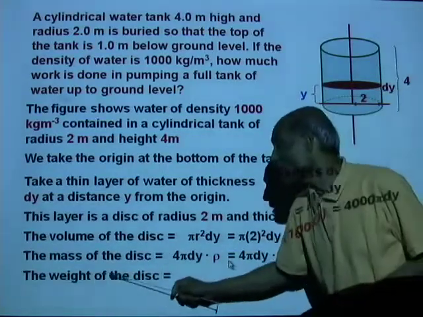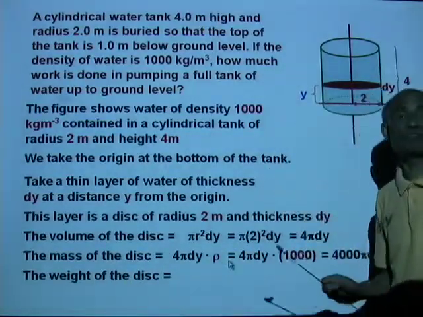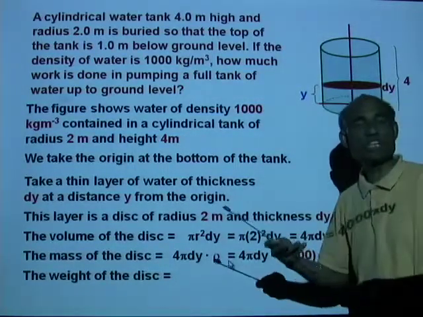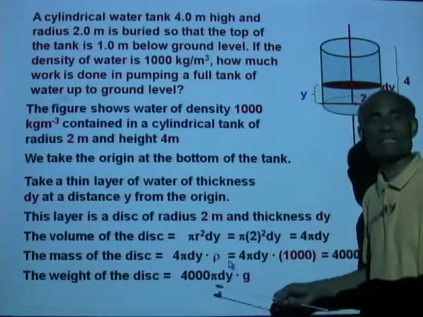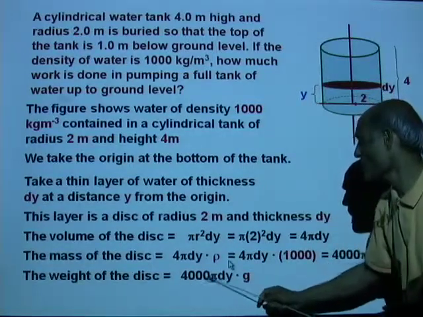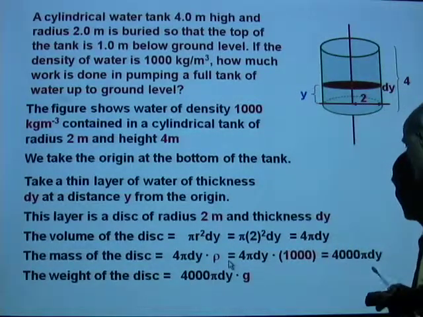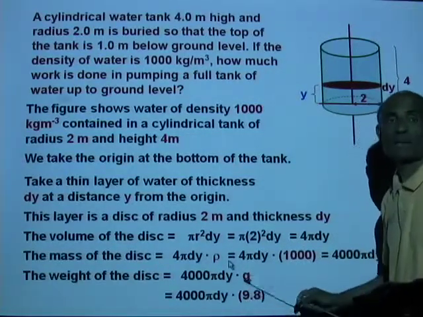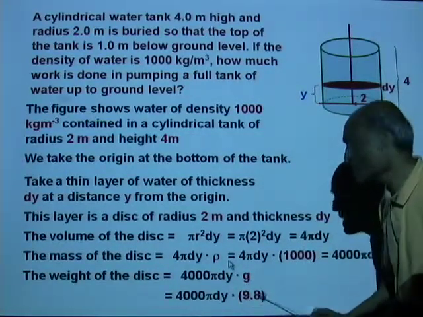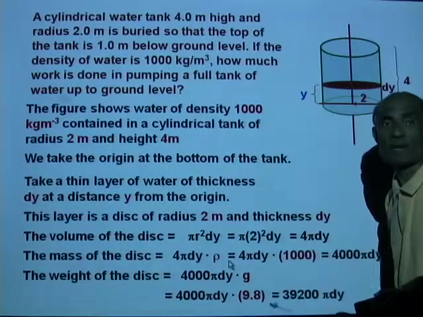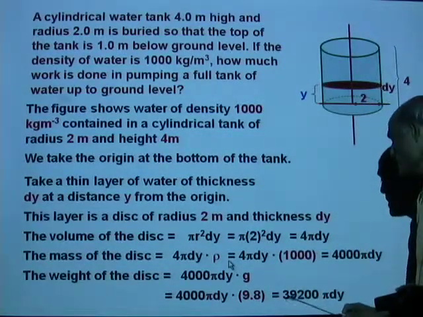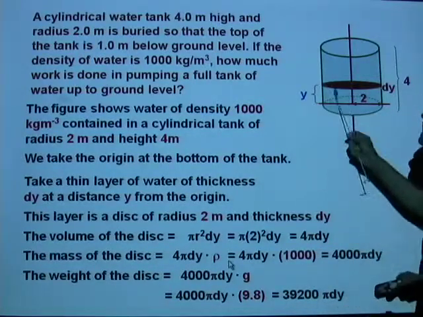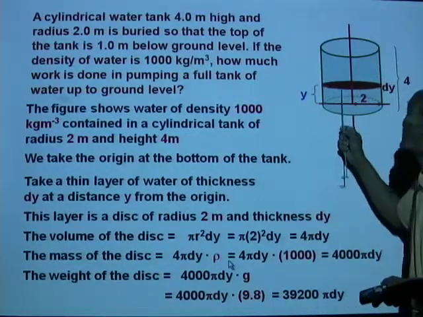What is the weight of that disk of fluid? Weight is mass multiplied by g, where g is 9.8. So that will be 4000 pi dy, which is the mass, multiplied by g, and g is 9.8. And that gives you 39,200 pi dy is the weight of this fluid.